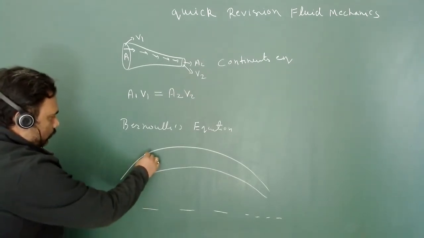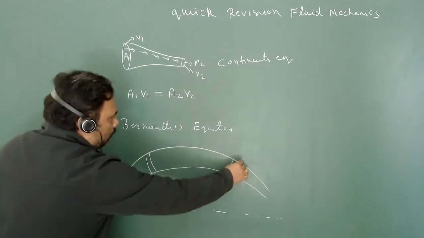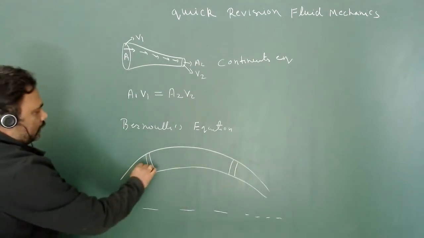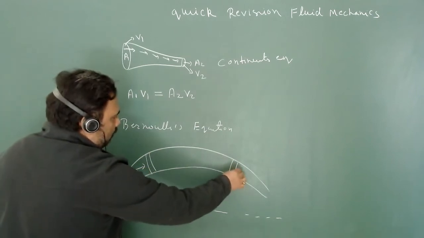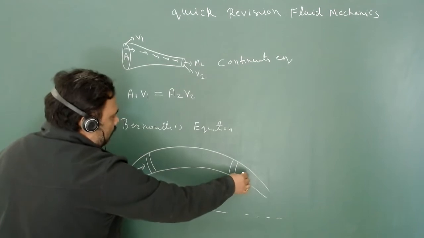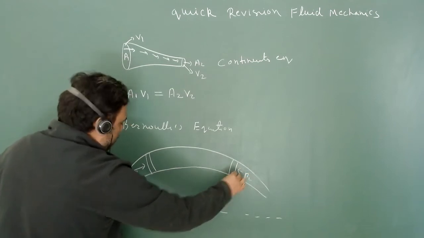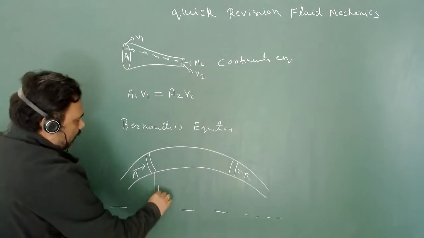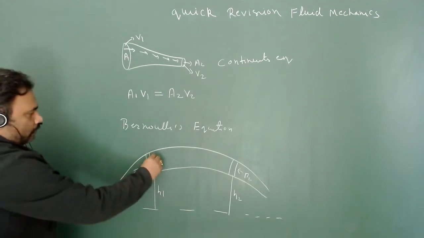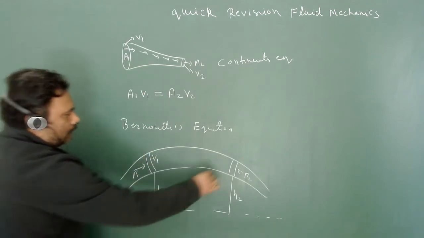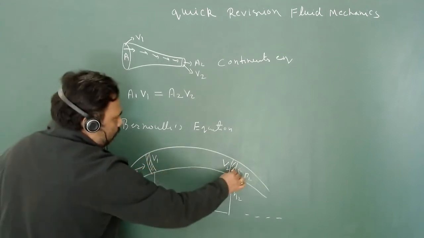Suppose we want to talk about this particular point and this particular point. There is some pressure P1 here, and the pressure acting at the other point is, let's say, P2. This height is H1, this height is H2, the velocity is V1 here and V2 there, and we can take this as a cross section.